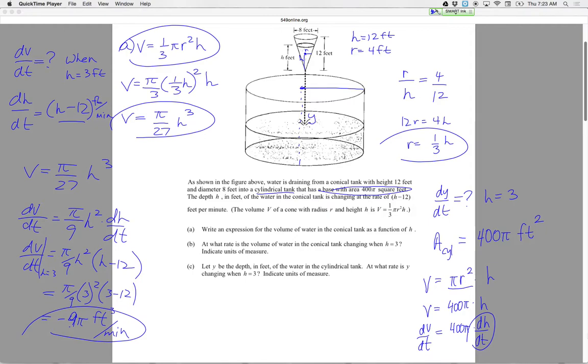We called it y. Y, h, whatever. If you want to change those h's to y's to represent the depth, fine. And I know dV/dt. It's not negative 9. Negative 9 is draining out of the cone, but it's going into the cylinder, so it's positive. So we have 9 pi cubic feet per minute.